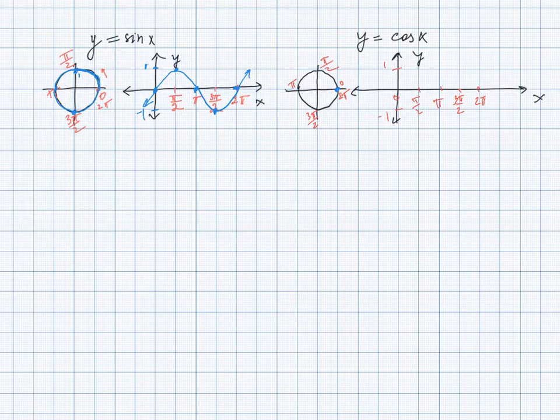As we start at the initial position, this is our cosine, which is already at its maximum at 1. Now, as we rotate around the circle, the cosine value is getting lower. It's getting closer to 0, and it reaches 0. This is the x-coordinate here, at pi over 2.